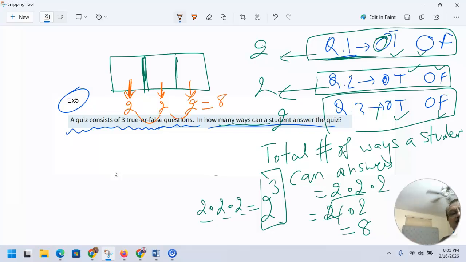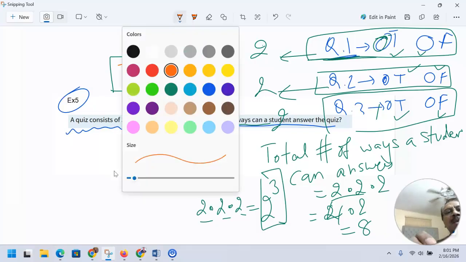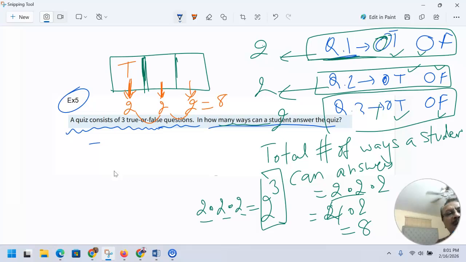But how do you really see this? Let's put T here. The first one is T. If the first one is true, then the second could be true, and the third one also could be true. Or the first is true, the second is true, and the third is false. Or the second one is false and the third is true. Or both the second and third are false.